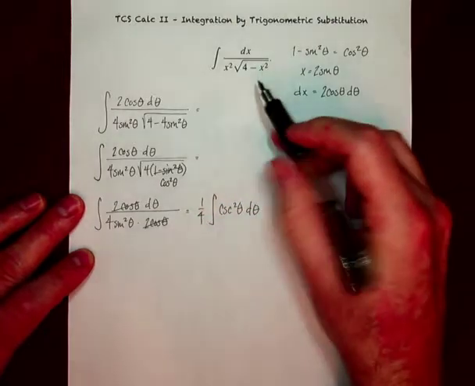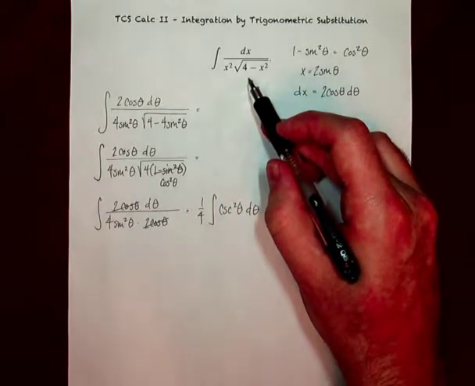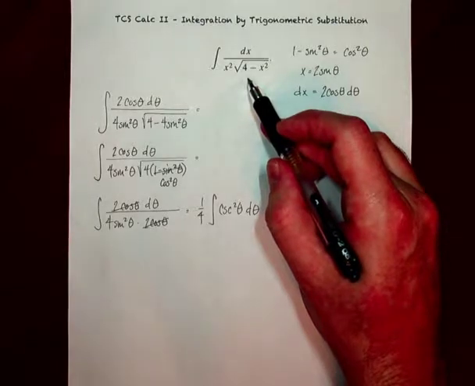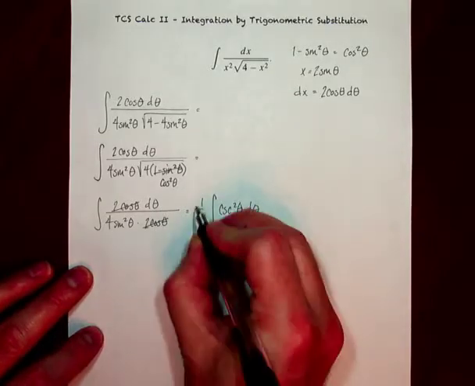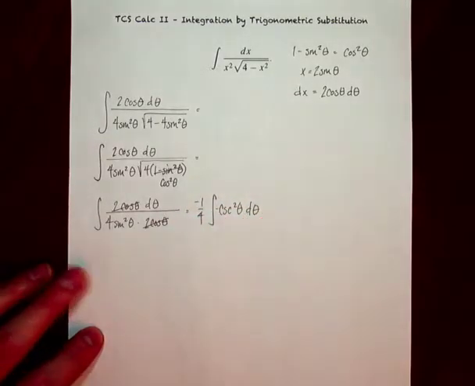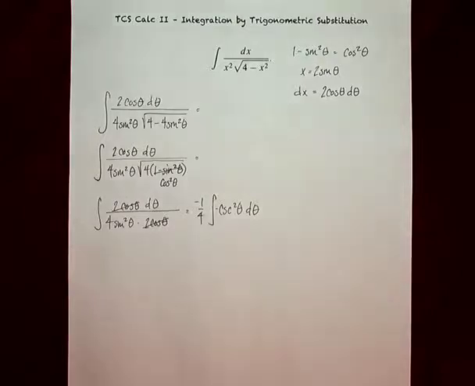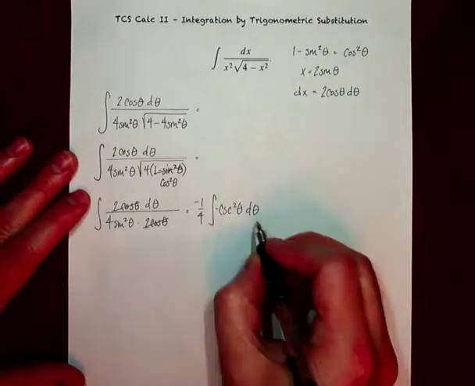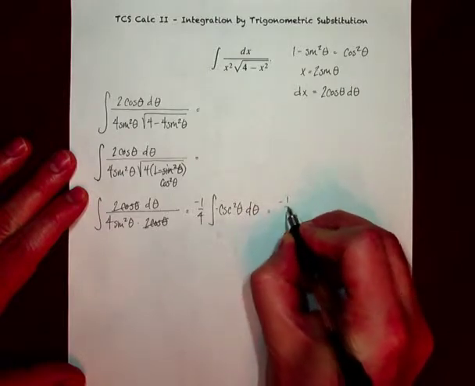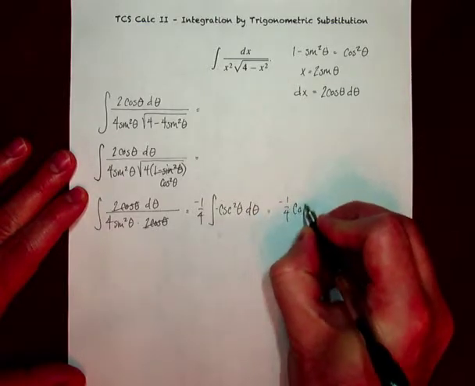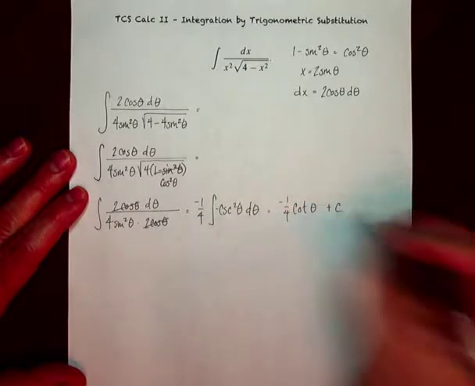Now, this integrand may not have been a recognizable derivative, but this is awfully close, right? All you have to do is turn it into negative cosecant squared, and of course the integral of that is cotangent. So we get negative 1/4 cotangent theta plus c.